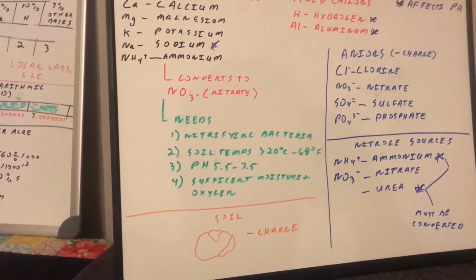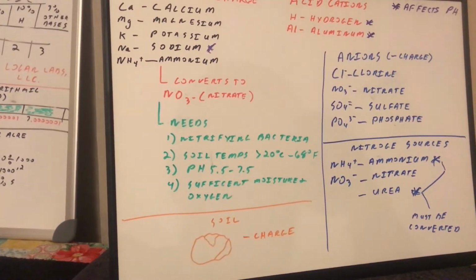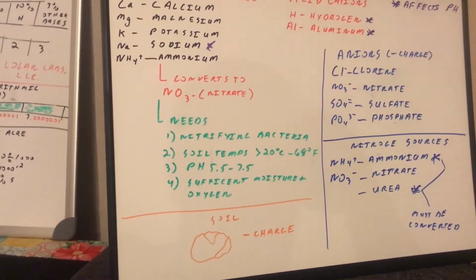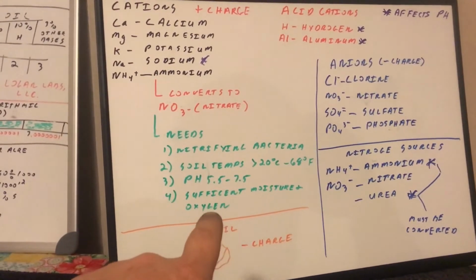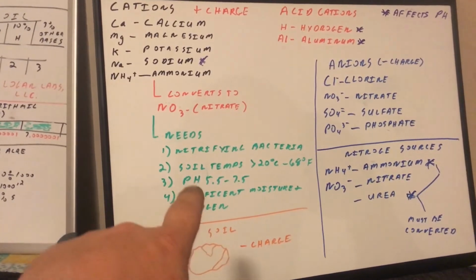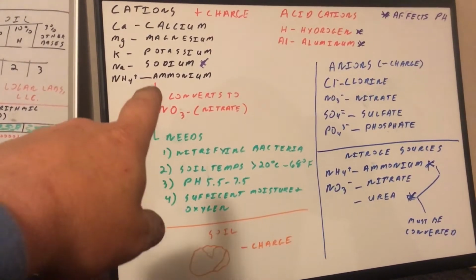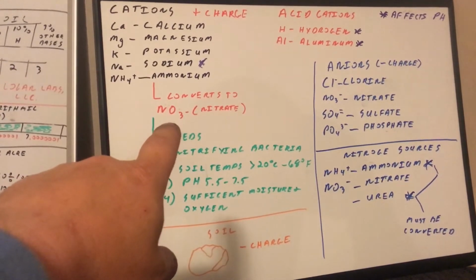Now, think about our yards right now. Here we are in January of 2019. We've had a bad season. We have had plenty of moisture, but a lack of oxygen because the ground has been so saturated. So we cannot nitrify our ammonium to make it into plant usable form, NO3-.